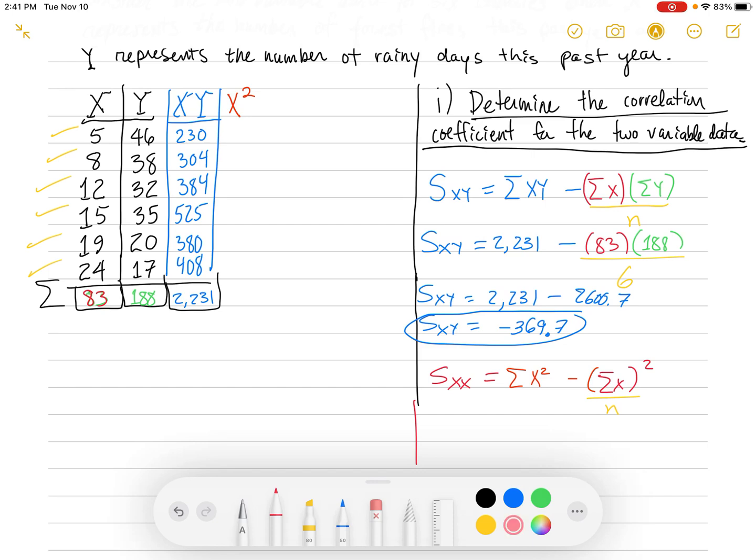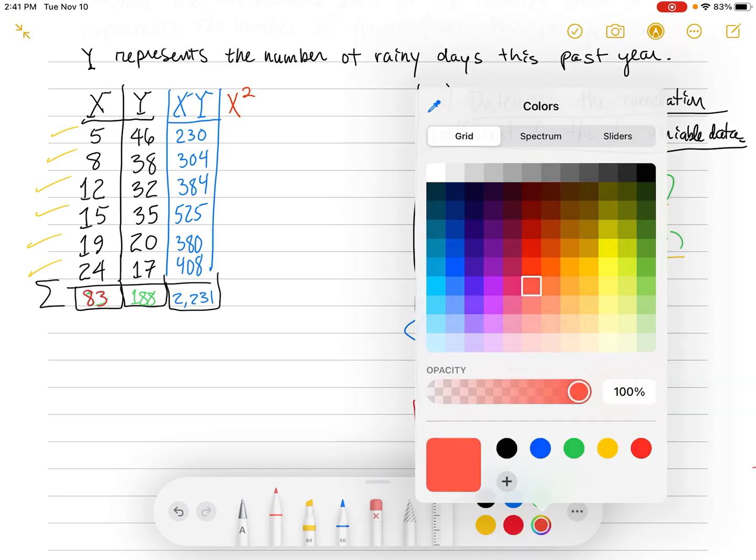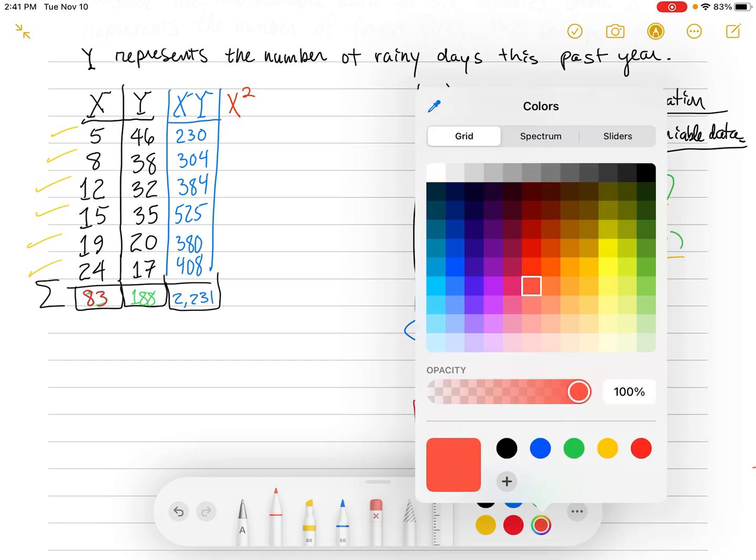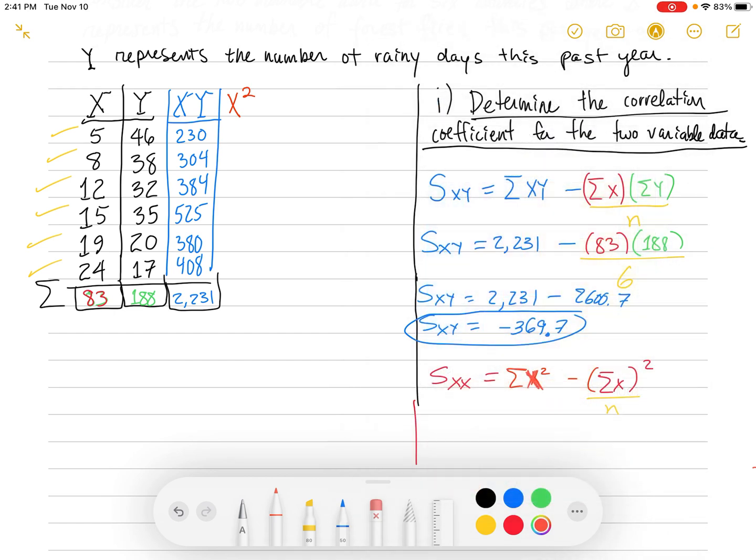So let's see if we can get the x squareds.